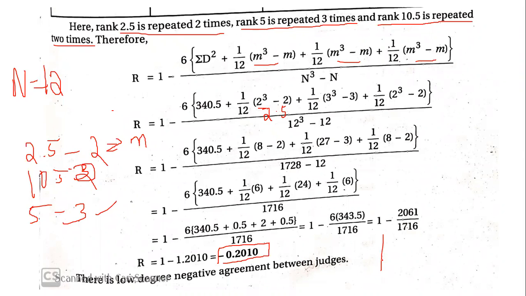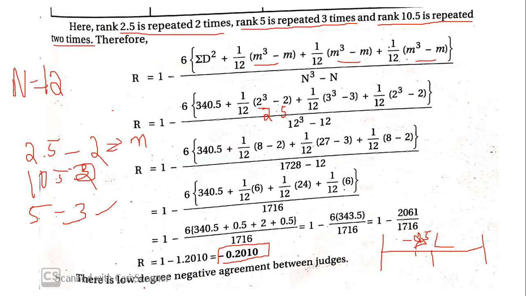But where does this come on the timeline? That is very important. It's on the minus, and it is less than minus 0.25. So if you see here, it is minus 0.20. So it is on the lower side of the negative agreement.